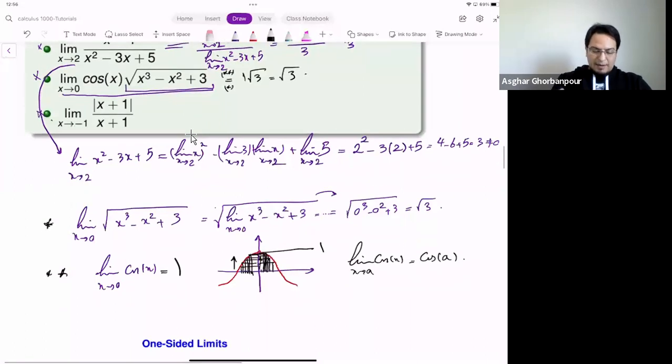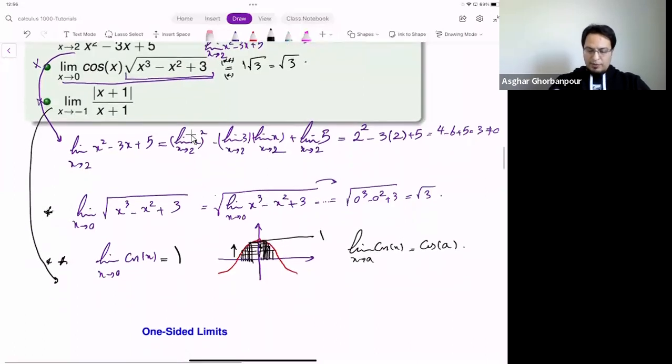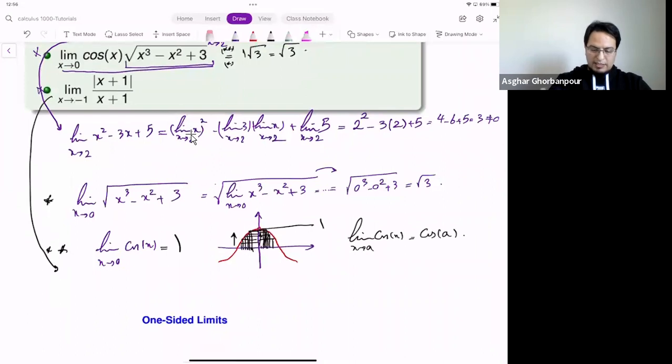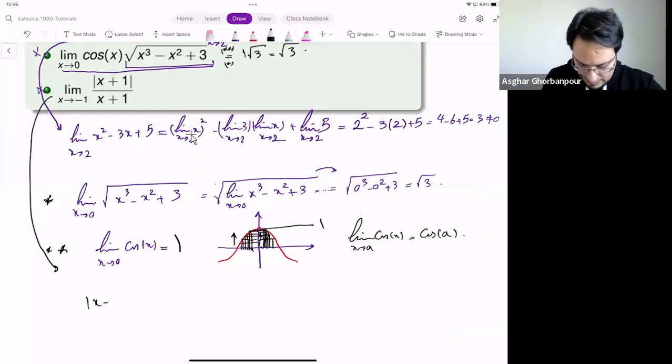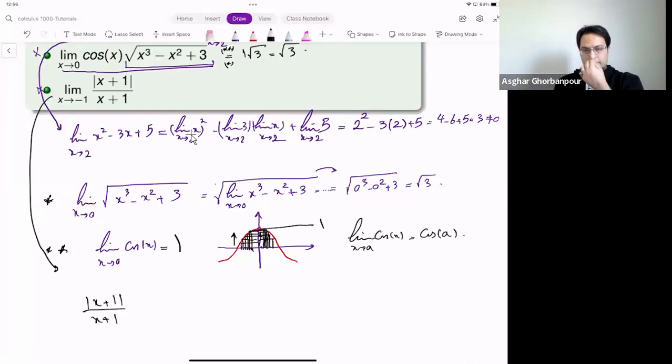This last example is an interesting example. When I look at this function, absolute value of x plus 1 over x plus 1, I know that absolute value of x is just x itself if x is positive.